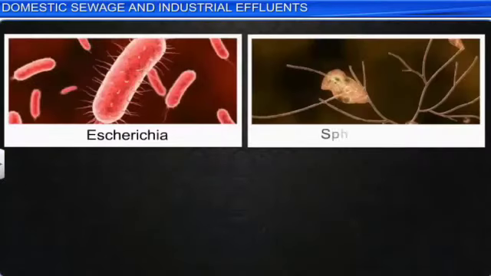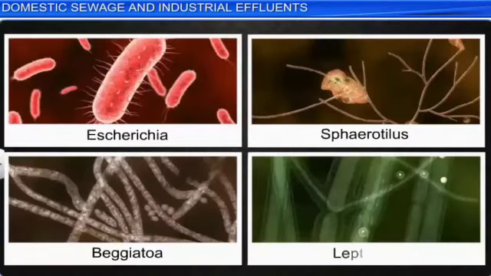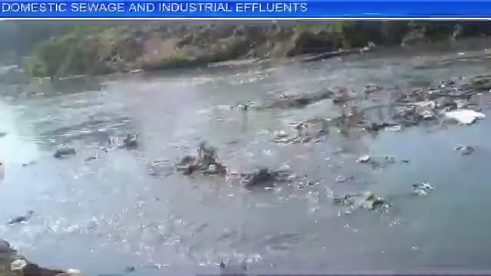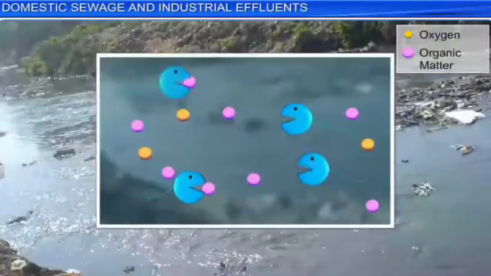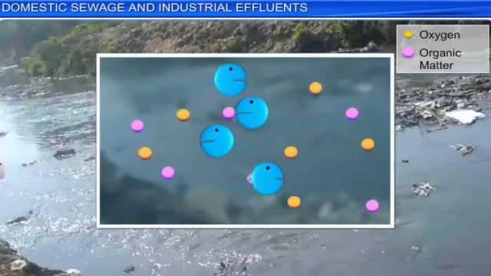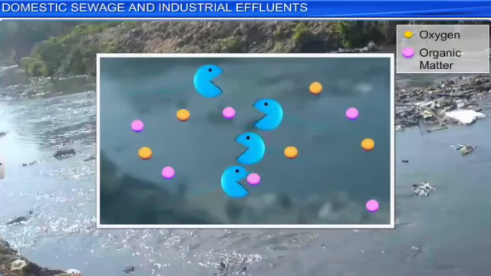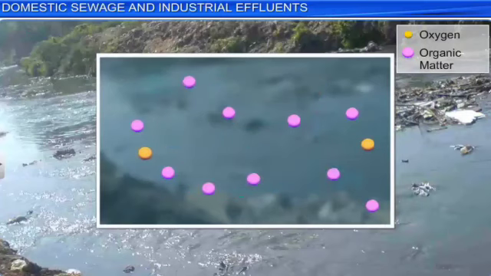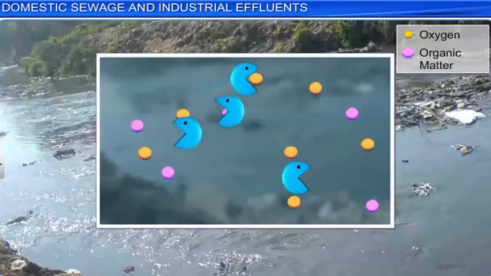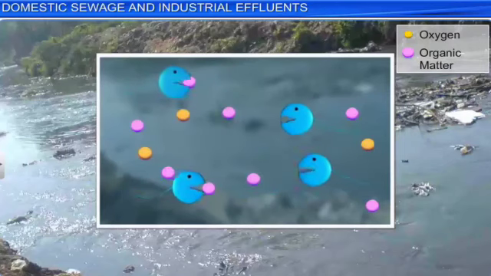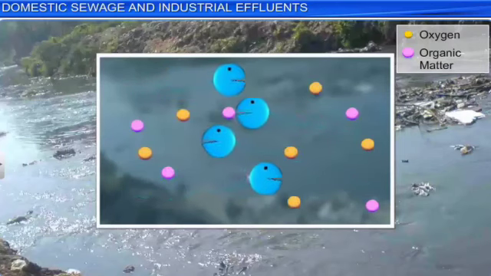Apart from these pollutants, microorganisms also form a primary component of the sewage. These microorganisms decompose and treat the organic sewage matter by using it as a substrate to multiply. However, during this process of decomposition, microorganisms require a lot of oxygen, which is measured in terms of biochemical oxygen demand or BOD.